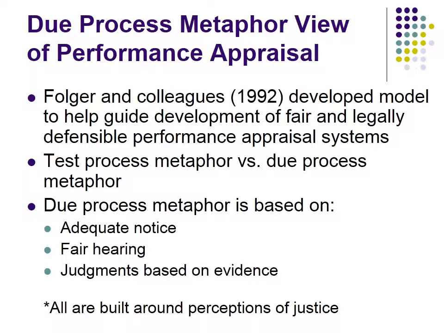And finally, the judgment is based on evidence. In other words, when you are getting that feedback, you're being given specific behaviors of why you actually got those ratings. So all of these are built around the perceptions of justice. The idea that part of the performance appraisal system is not just getting accurate measures, but also convincing people that the performance information they're getting is just.